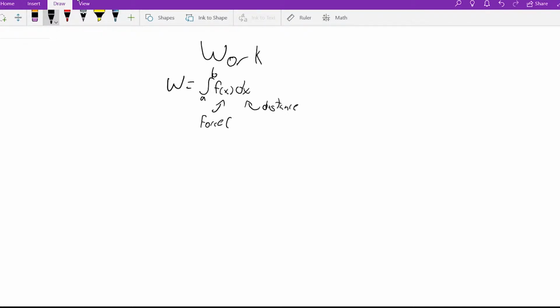The force is measured in newtons and the distance in meters. So the work is newton-meter, which means that the work is in joules.